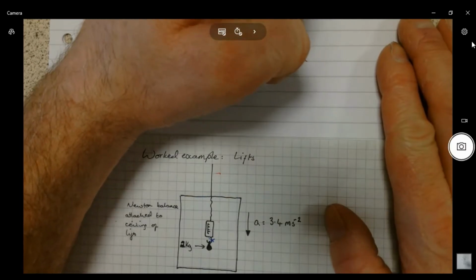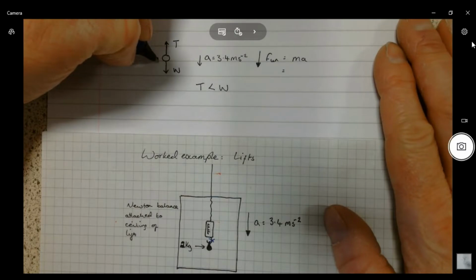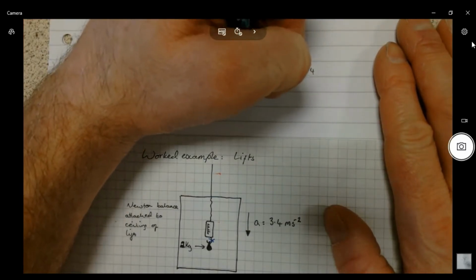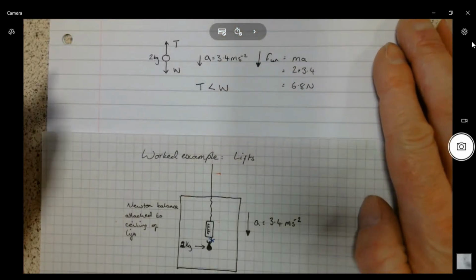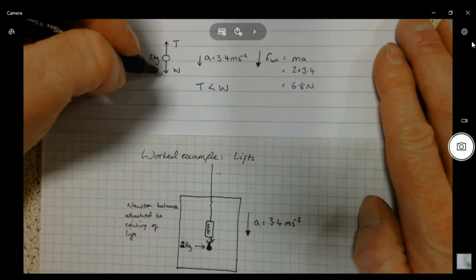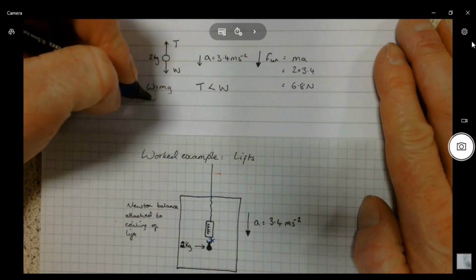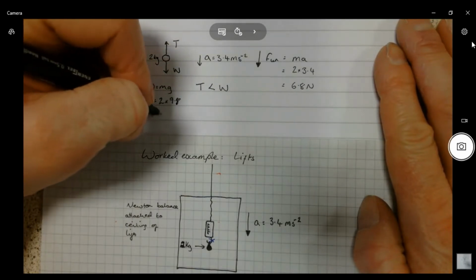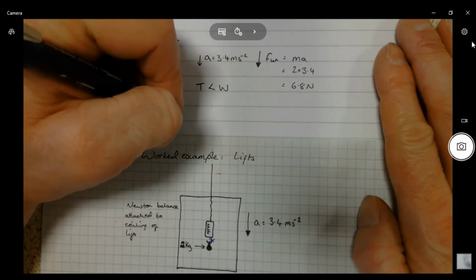So F net is ma, 2 kilograms times 3.4, 6.8 newtons. Our weight: 2 times 9.8, 19.6 newtons.